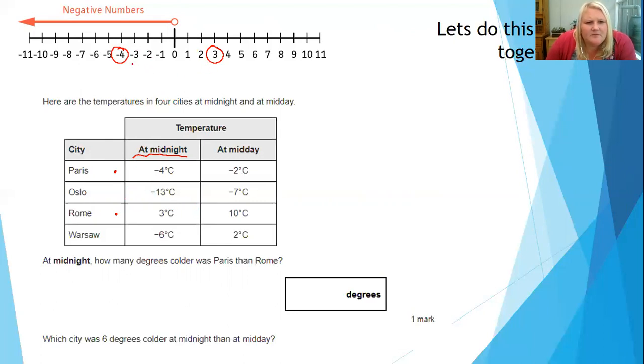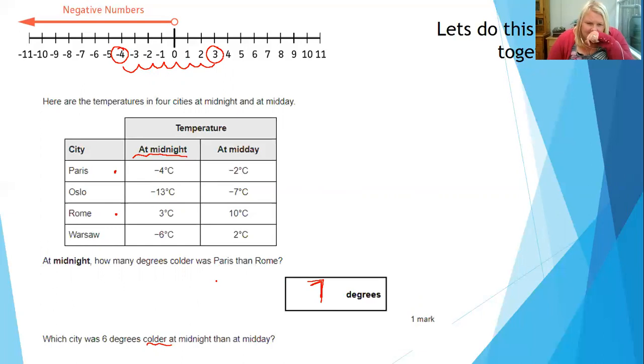So it was 1, 2, 3, 4, 5, 6, 7. Let's check that again. 1, 2, 3, 4, 5, 6, 7. It was 7 degrees colder. We don't need to put -7. We're looking at the difference. That's fine.